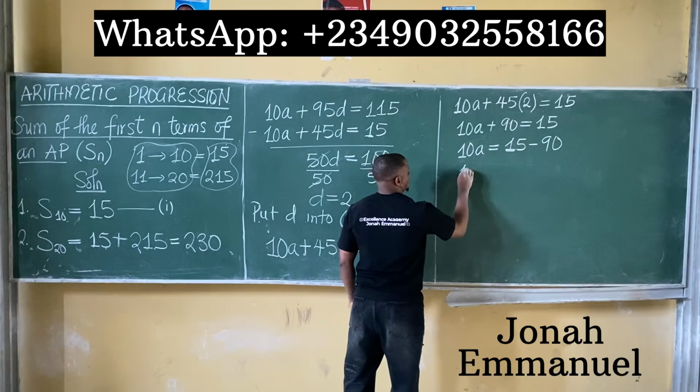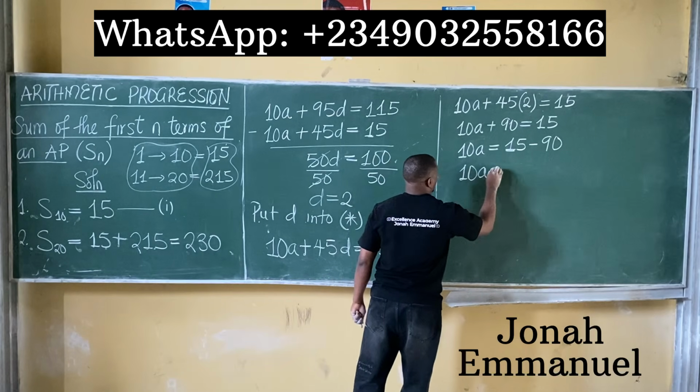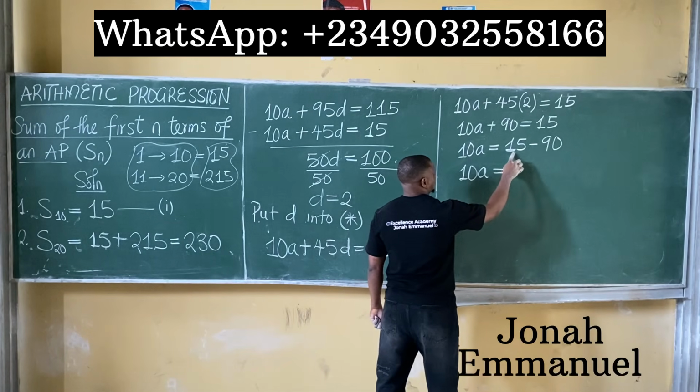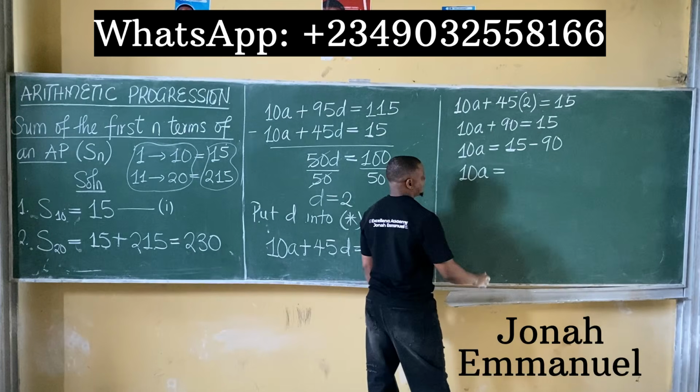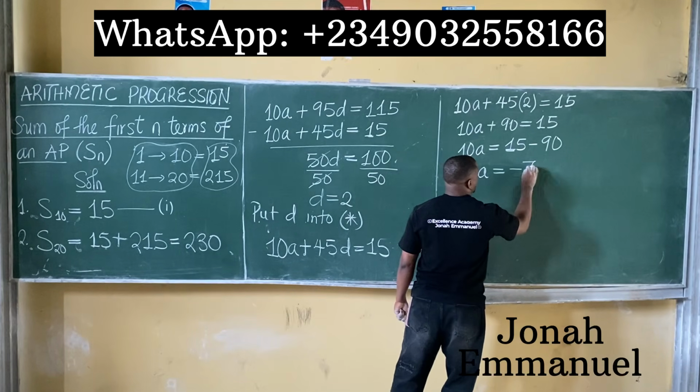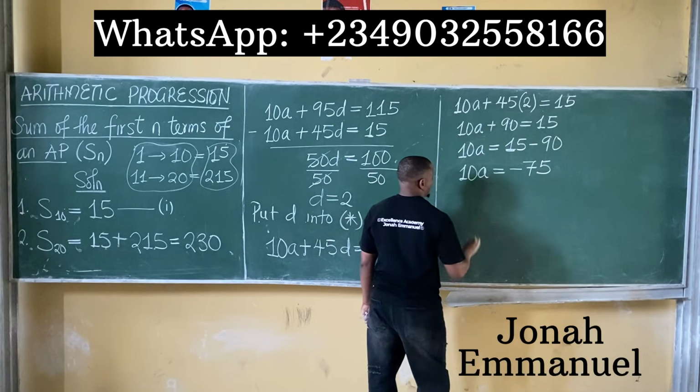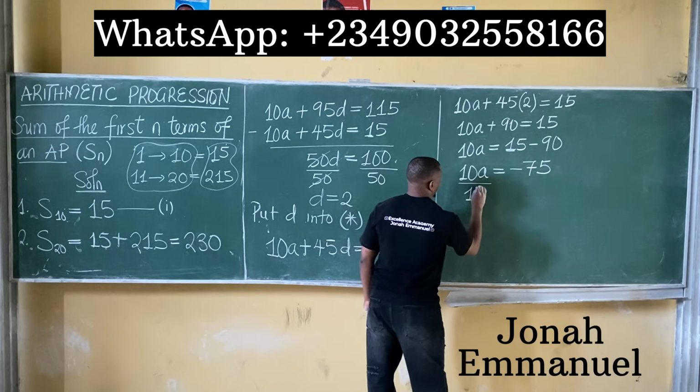So this gives you 10a is equal to 15 minus 90 gives you minus 75. To get a, divide here by 10.